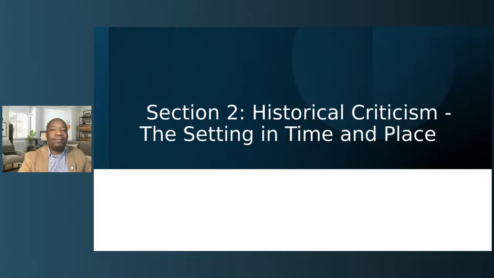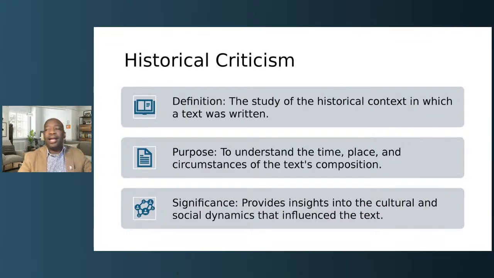Historical criticism focuses on the setting and time and place. Okay. The study of the historical context in which a text was written as we look at historical criticism. What is its purpose? To understand the time, place, and circumstances of the text composition.